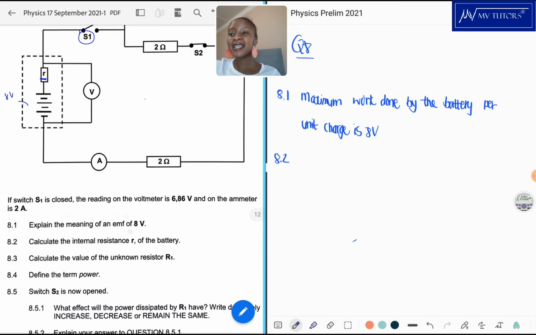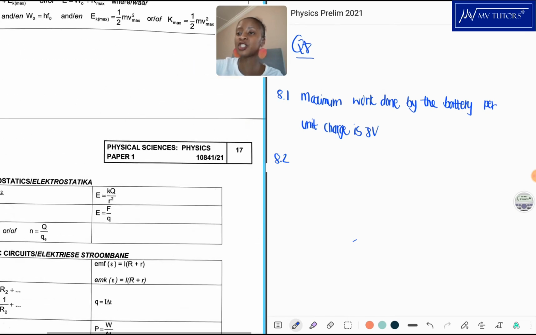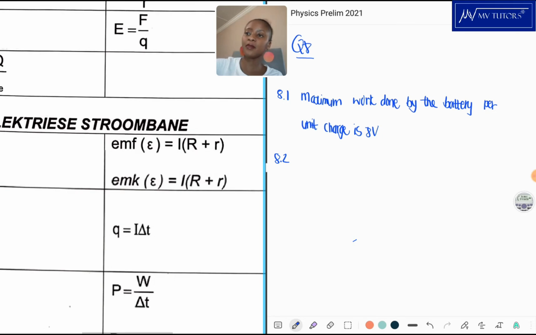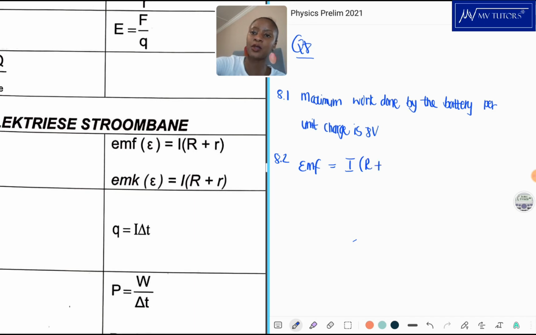All right, and then they say calculate the internal resistance r of the battery. Okay, so you know your equation, if we go to the formula sheet, for EMF. EMF is equal to your current that is flowing through, where we know that is 2.